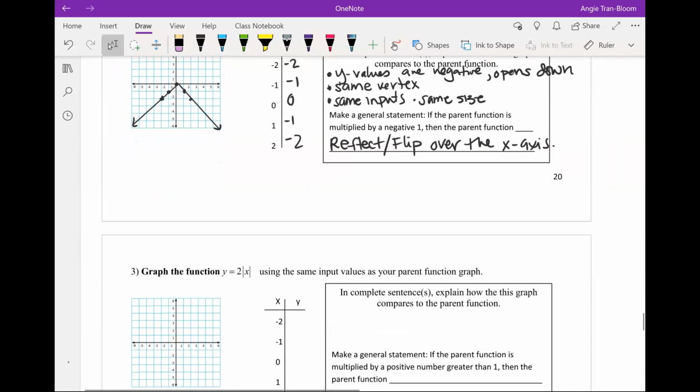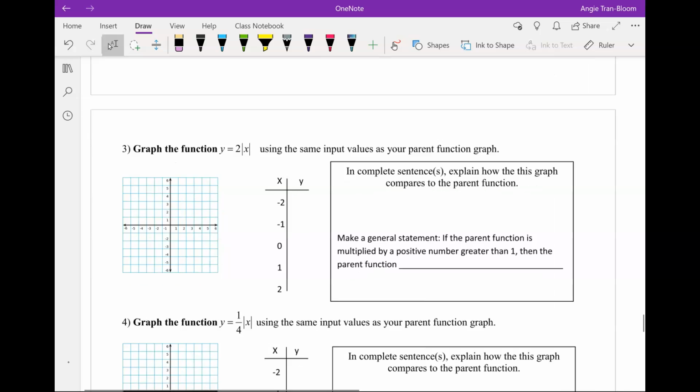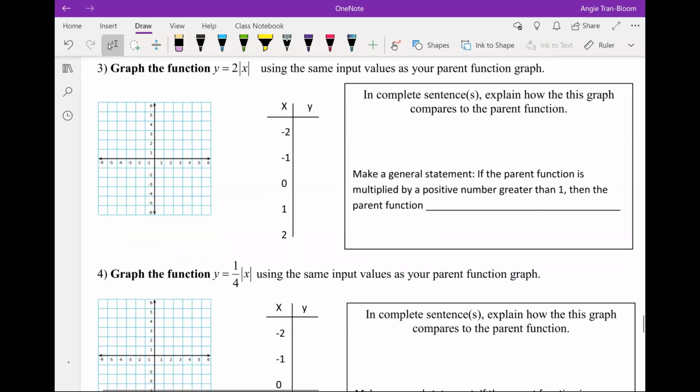Right, next, exploration 3. Do the outputs. You got 5 inputs, do the 5 outputs, and then make a list of comparisons. What do you see? Remember, we are always going to compare it to the parent.